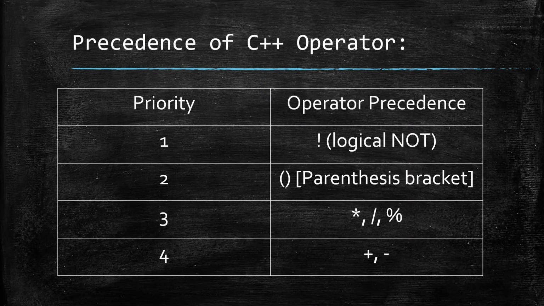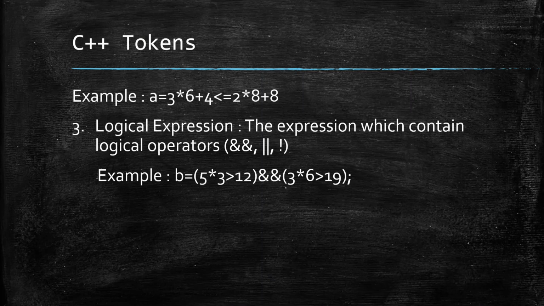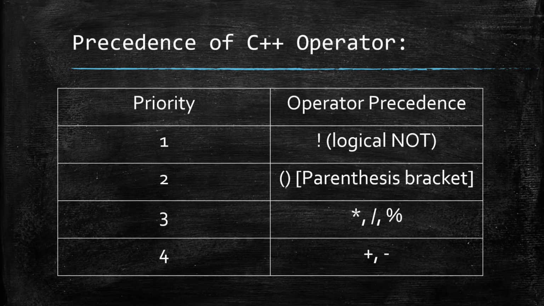Now for logical NOT and parenthesis, it's only one operator. But for third and fourth priorities, we are having 5 operators altogether, right? So there you will get a confusion. If at all they come together, how are we going to solve it?